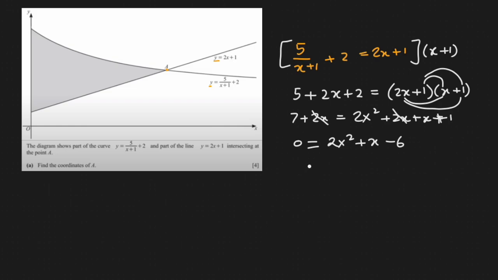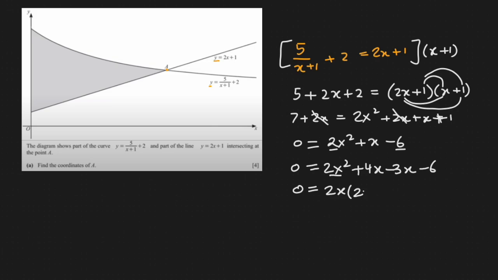Because it is equal to 0, we'll have to factor the right side. So what will that be? 2 times 6 is 12, and 4 times 3 is also 12. So I'm splitting the middle term: 2x square plus 4x minus 3x minus 6. Alright. So 2x is common in these two.